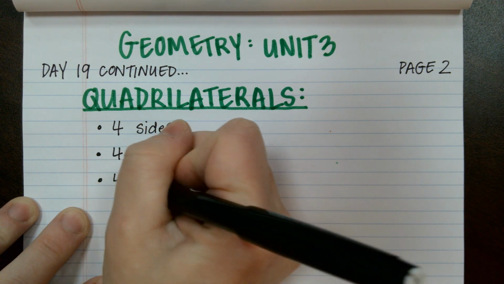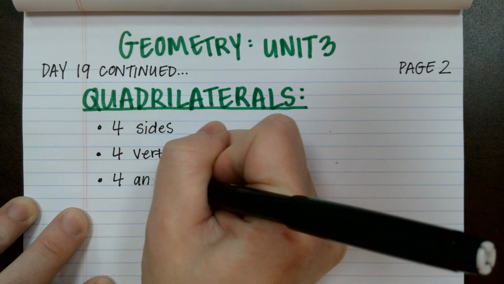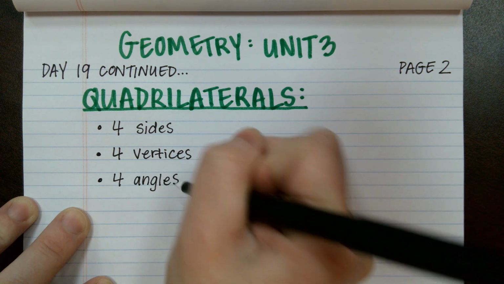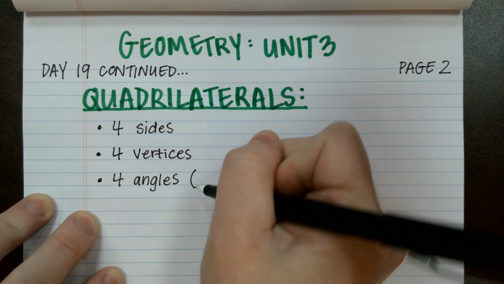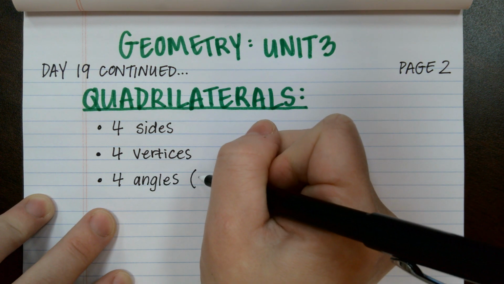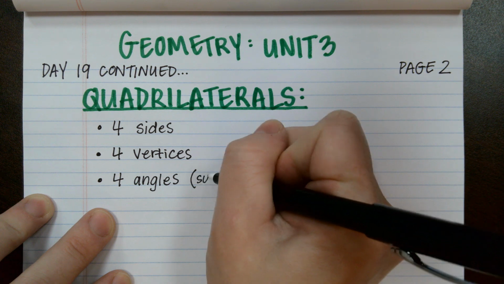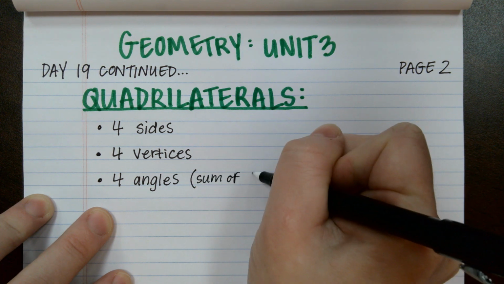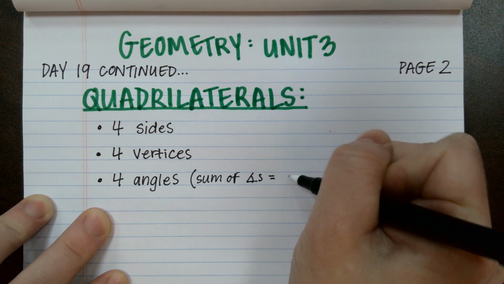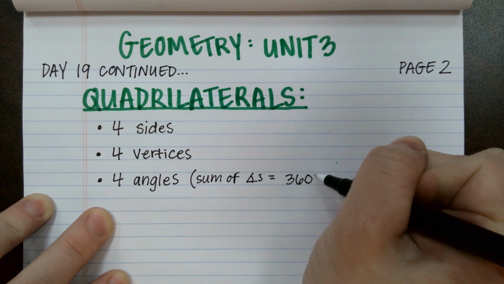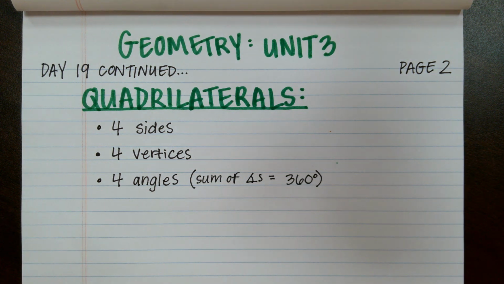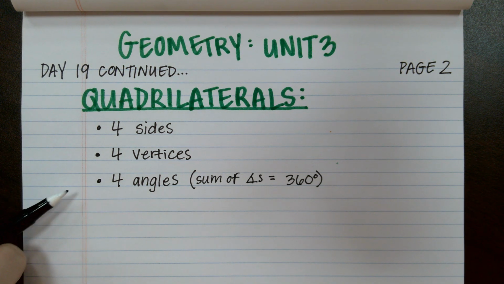And there are 4 angles that add up to 360 degrees. These add up to 360 degrees for a quadrilateral. So as long as it fits these three requirements, it's a quadrilateral.